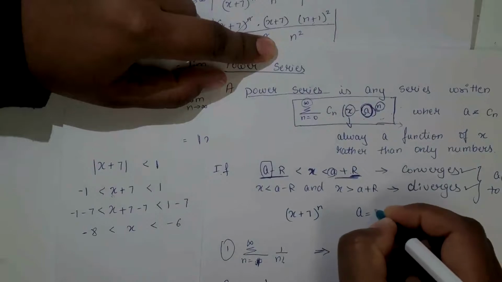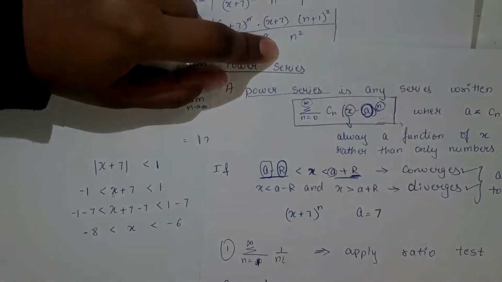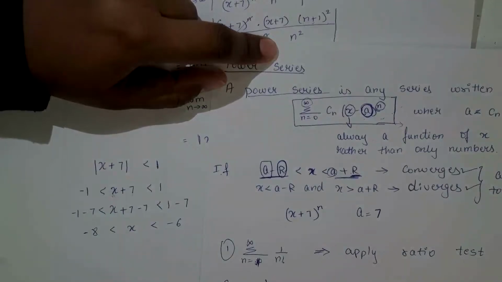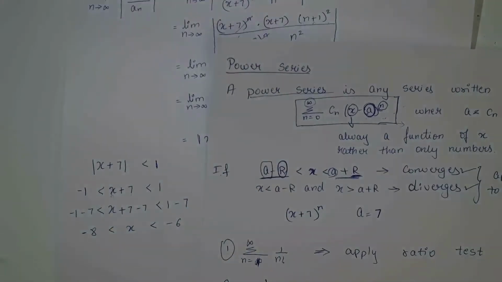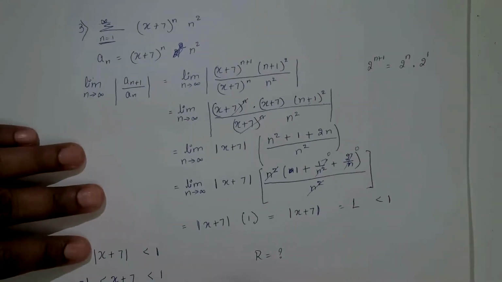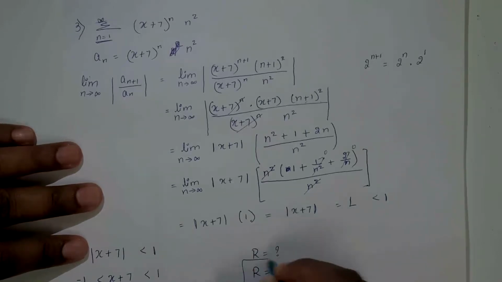So a is equal to 7 in this interval, then r has to be equal to 1, right?